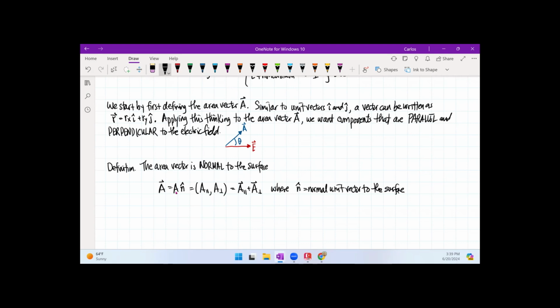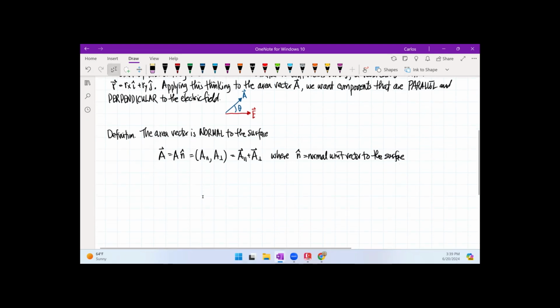So picture-wise, what am I imagining here? If I think about a picture, I could imagine that I have a rectangle. It's going to look something like this. I have to think about an electric field, so I imagine that I have an electric field that's moving in this direction.